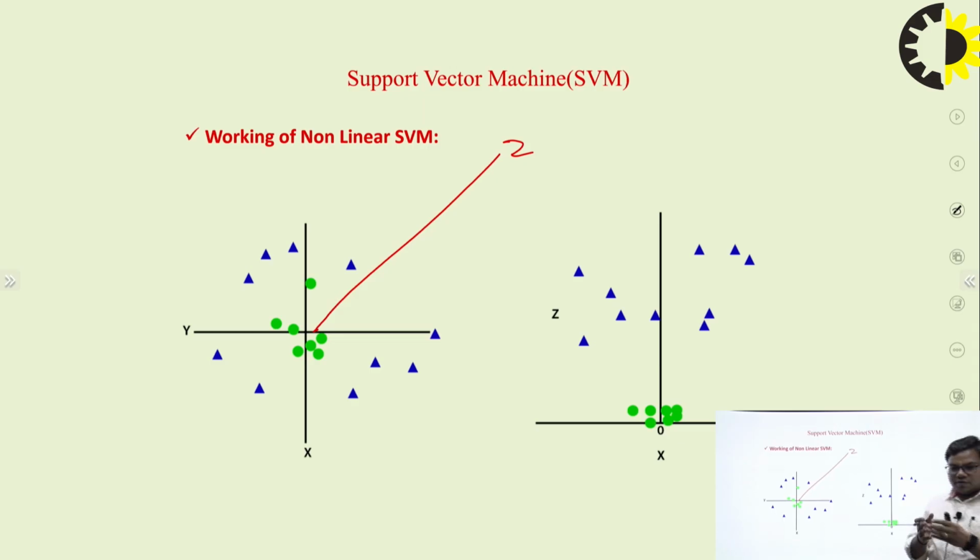If you consider a room, there are some points which, if you see from the top view in a room, you see the data points in this manner. But if you see the same data points from a corner of the room, then you can see the data something like this.